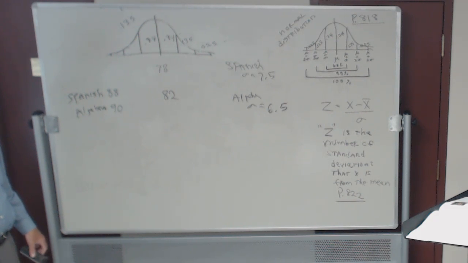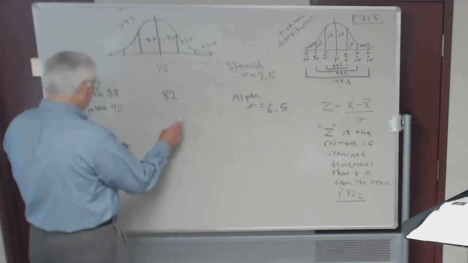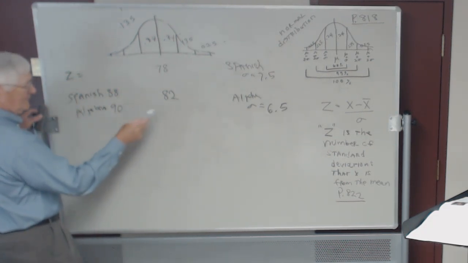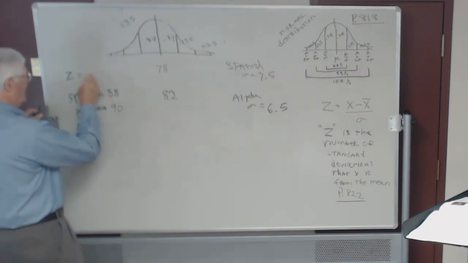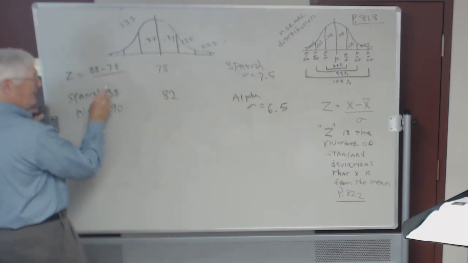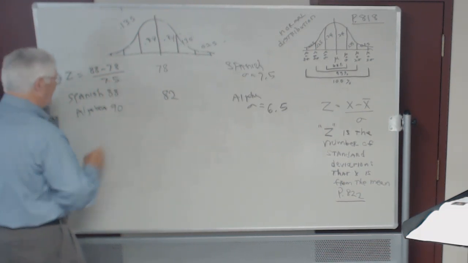Now, did he do better on his Spanish or his algebra? Algebra. That's what it looks like, but watch this. The z-score for Spanish is his score, 88, minus 78 divided by 7.5, right?